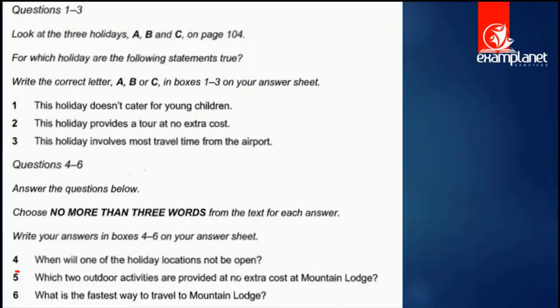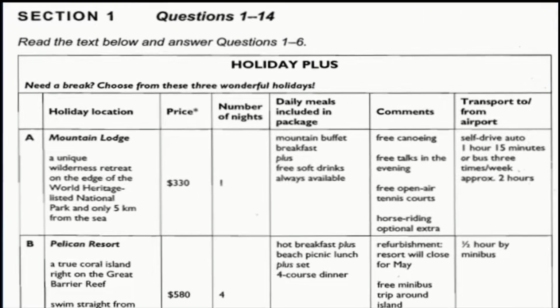For number 5, which 2 outdoor activities are provided at no extra cost at Mountain Lodge? 2 outdoor activities. Mountain Lodge, we have like 4 activities there. But the talk is about outdoor activities. So we wouldn't refer to the second one, which is free talks in the evening, as an outdoor activity. And the last one, horse riding optional extra. That one is definitely coming at a cost.